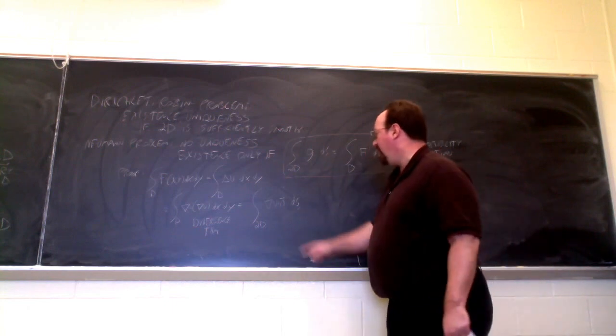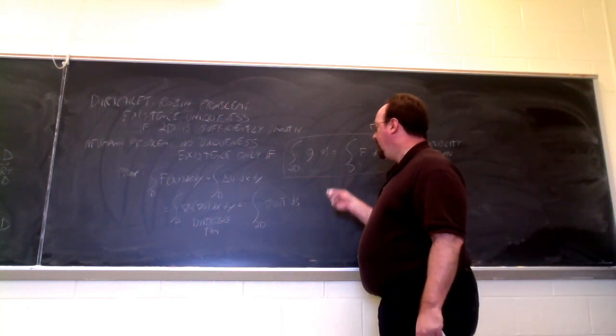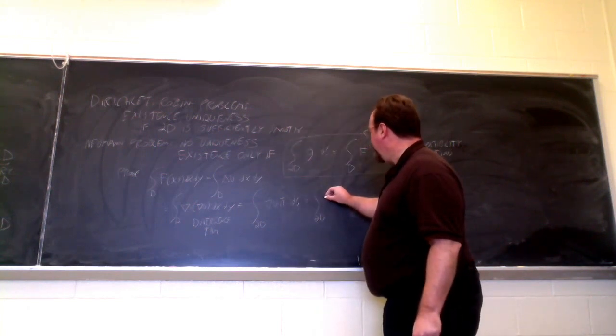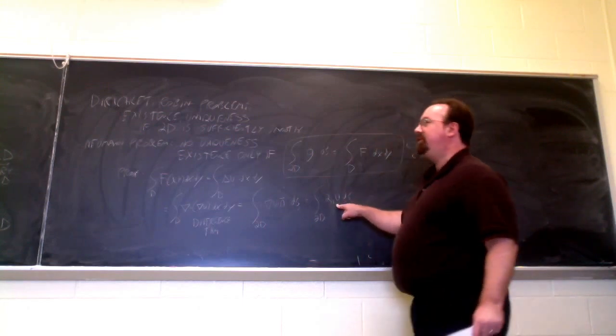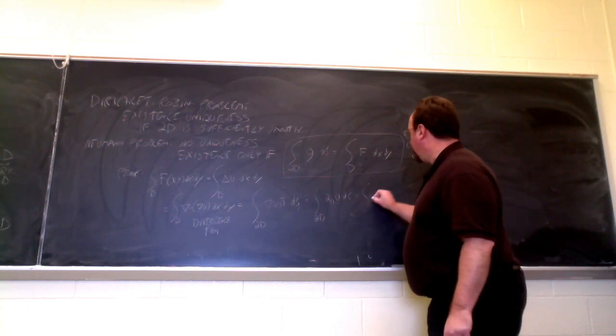But what is this? The normal component of the gradient, that is the normal derivative. Yes, you're getting one step ahead of me. But yeah, this is the normal derivative, which is specified by the boundary conditions to be equal to the integral of g.